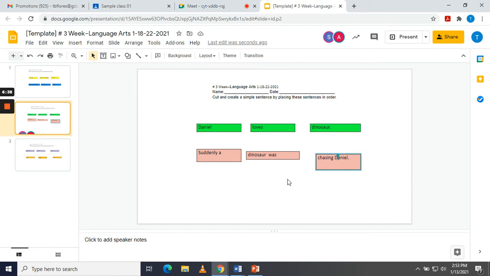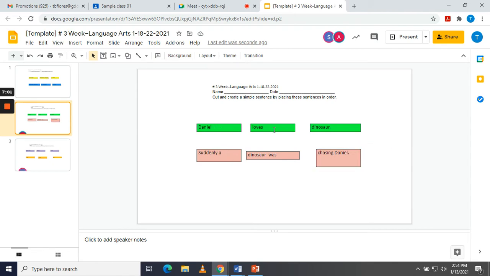Great job. So if you notice, there's two different colors, only because, again, we don't want to confuse the students as they're creating their sentence. They would already distinguish that the green boxes go together and the pink boxes will go together as well. So let's go ahead and read the first set.